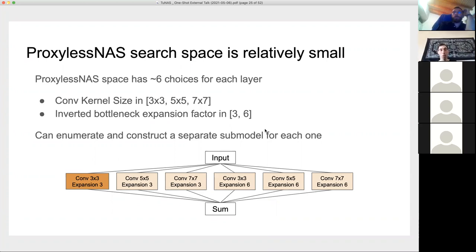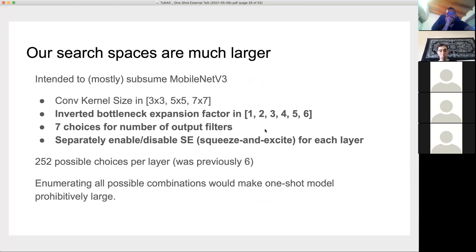This works well because the total number of choices for any particular position in the network is relatively small, and these choices for different layers don't really interact with each other in any explicit way. But the search spaces that we were looking at were actually much, much larger.